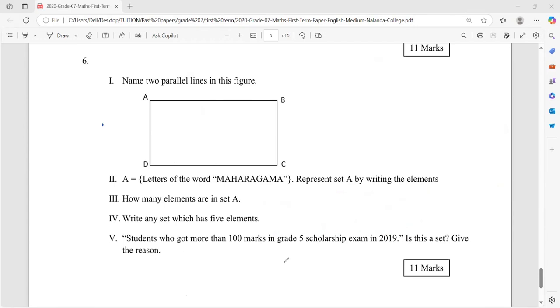Students who got more than 100 marks in the grade 5 scholarship exam in 2019, is this a set? Give reasons. Yes, this is a set, right? Because the set can be clearly identified. So the elements can be clearly identified.